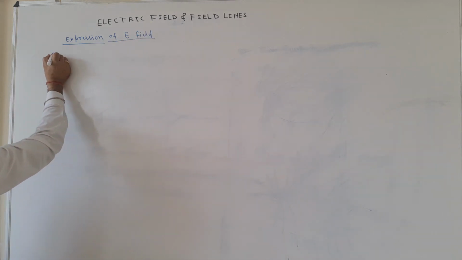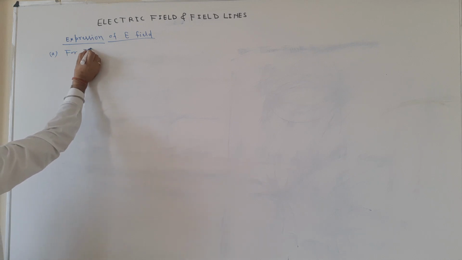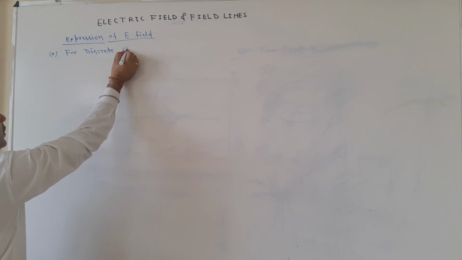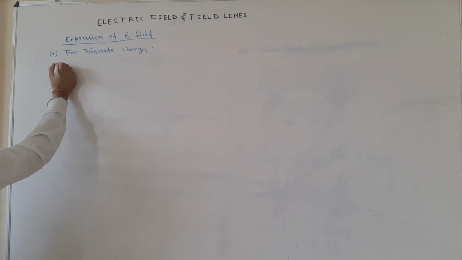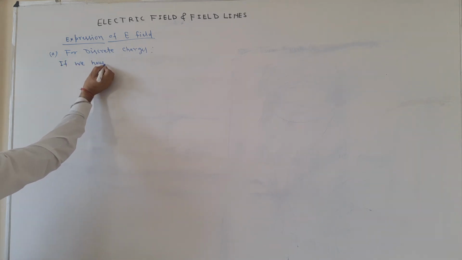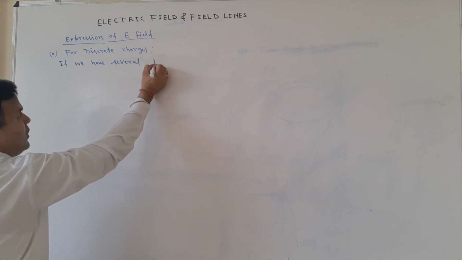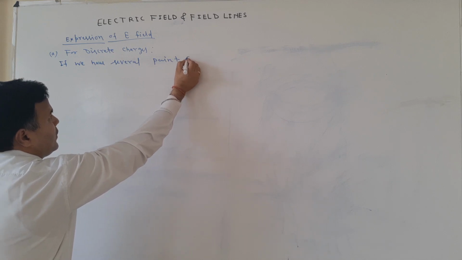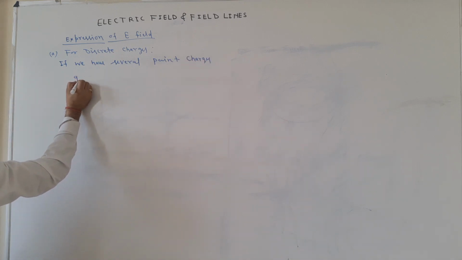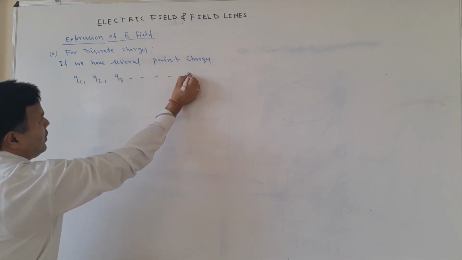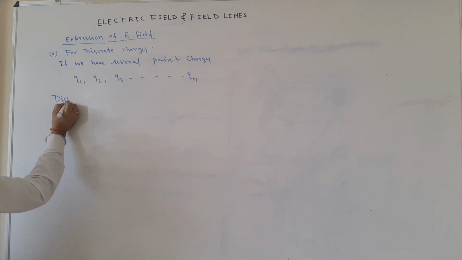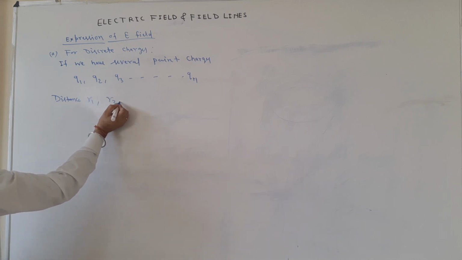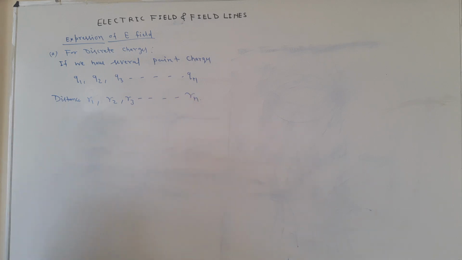Consider if we have several point charges Q1, Q2, Q3, ..., Qn, which are separated by distances R1, R2, R3, ..., Rn.